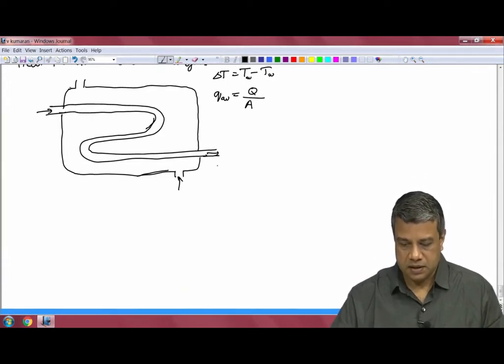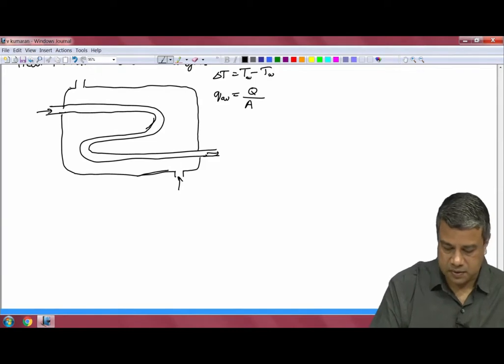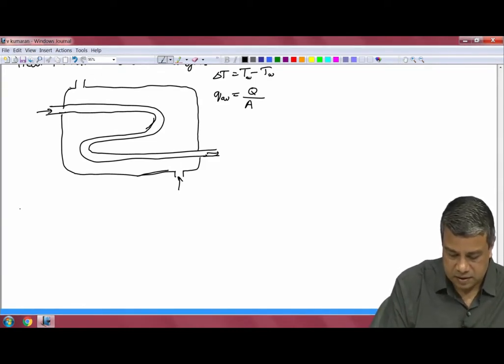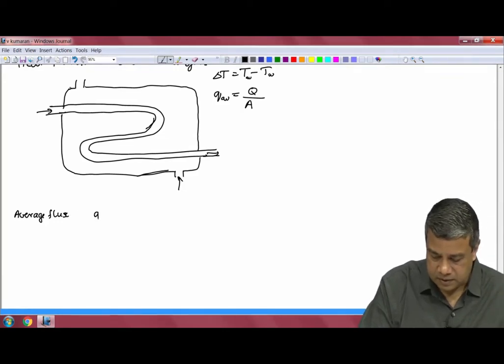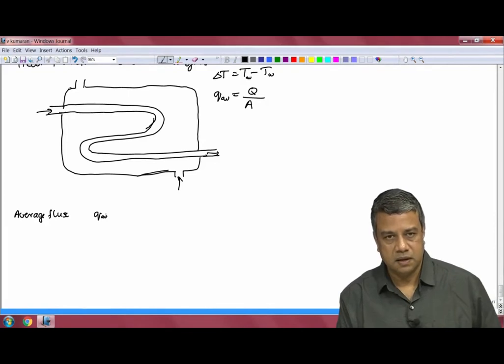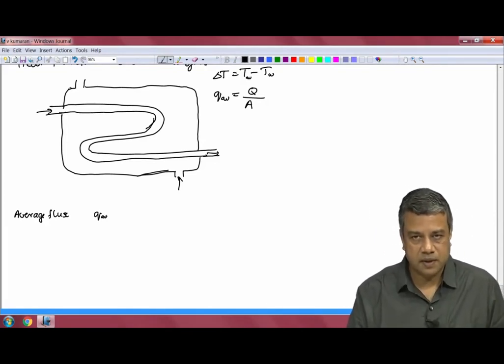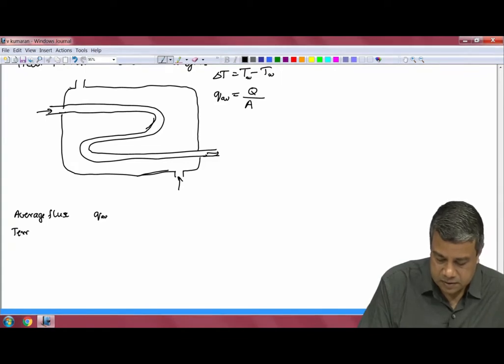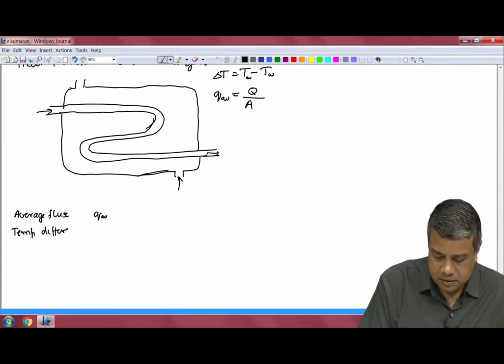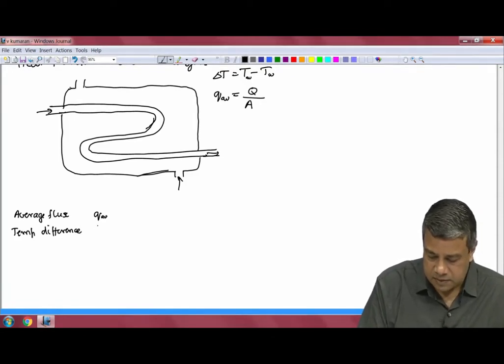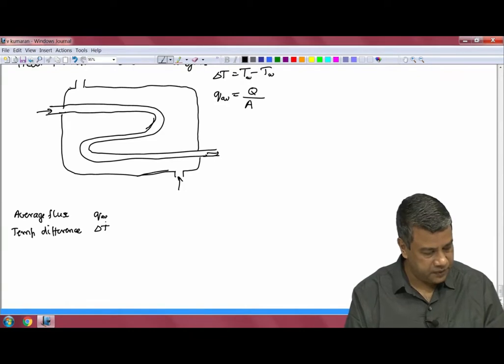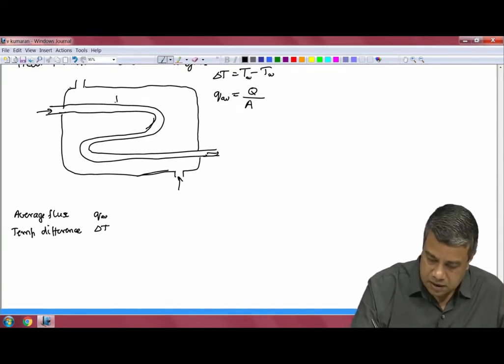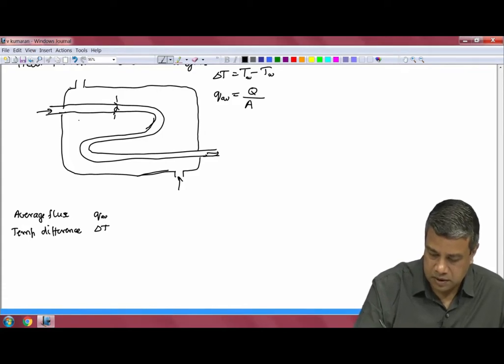And this average flux, the dependent parameter, which I will call QAV, can depend upon independent parameters: the temperature difference, which we had already denoted as delta T, the diameter D and the total length L of the pipe.